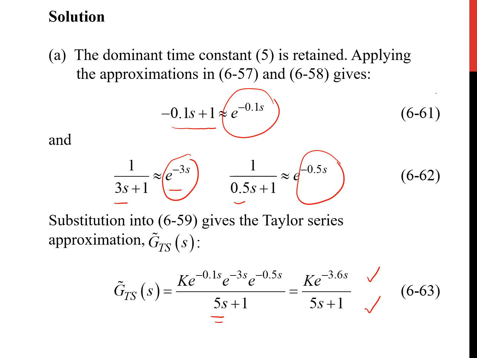The other two, because their values are smaller than 5, are less affecting, so we convert them into the time delay. So the final transfer function is K exponent negative 3.6s over 5s plus 1. This transfer function is known as the first order plus dead time, where you have the first order and then the dead time.